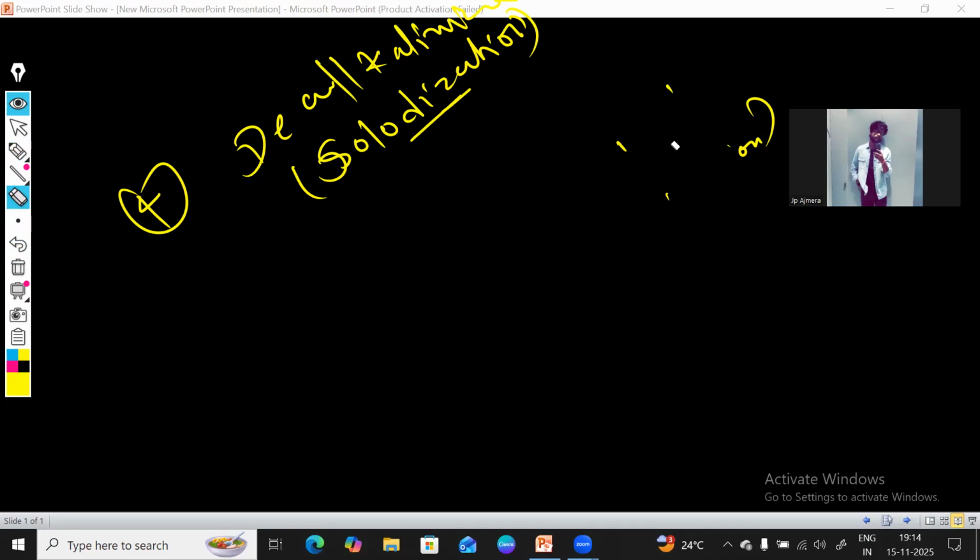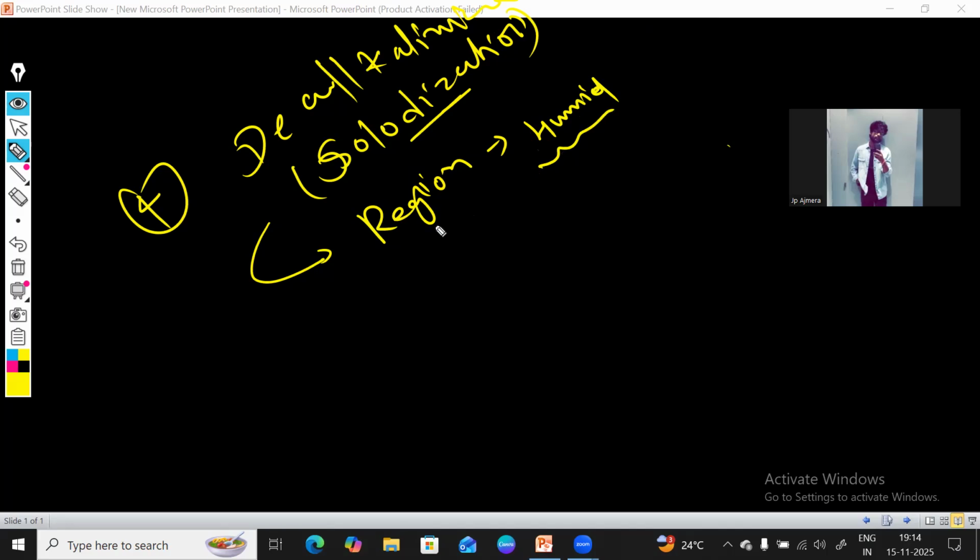What is this dealkalinization or solodization? This is the opposite of alkalinization, just like salinization and desalinization. What we discussed in alkalinization, the first thing was that the climate was arid or semi-arid. In the case of dealkalinization or solodization, the climate would be humid.